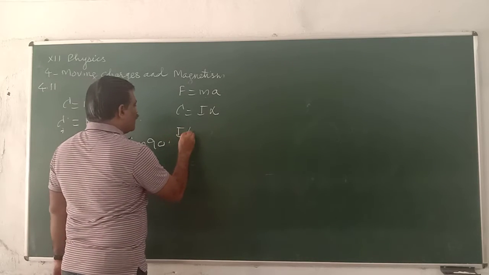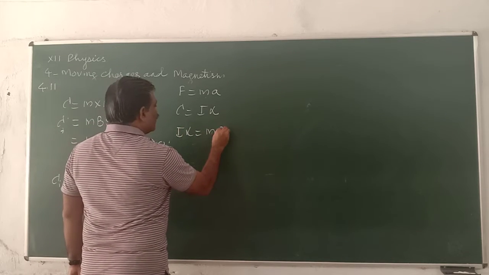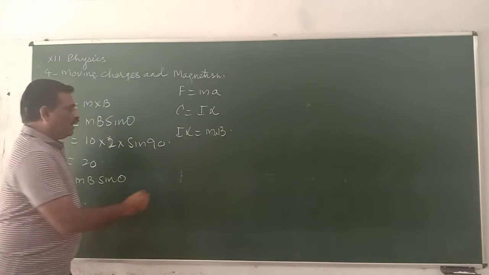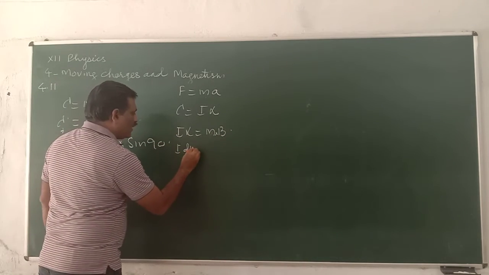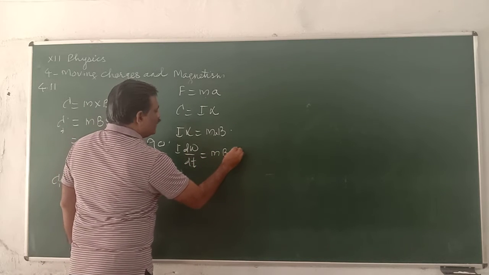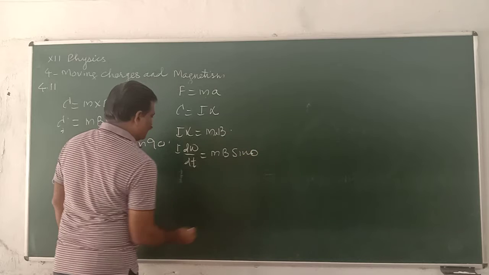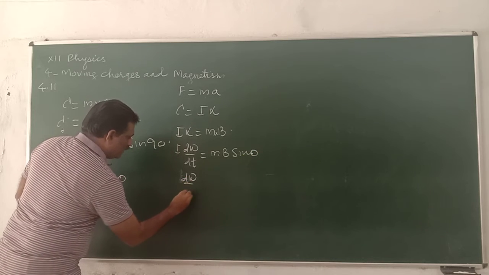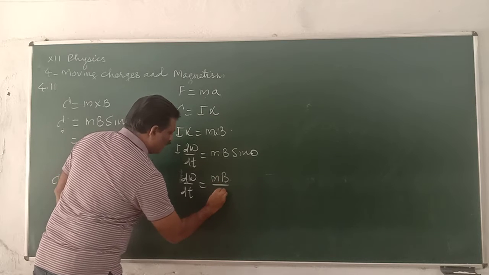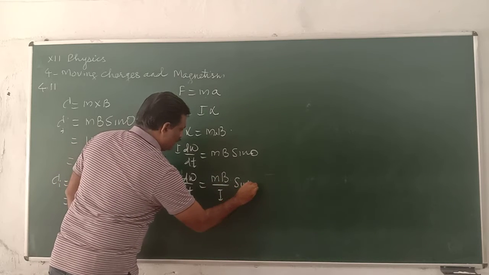Therefore, I alpha is equal to M cross B, the torque. Alpha is nothing but d omega by dt, which is equal to MB sine theta divided by I.